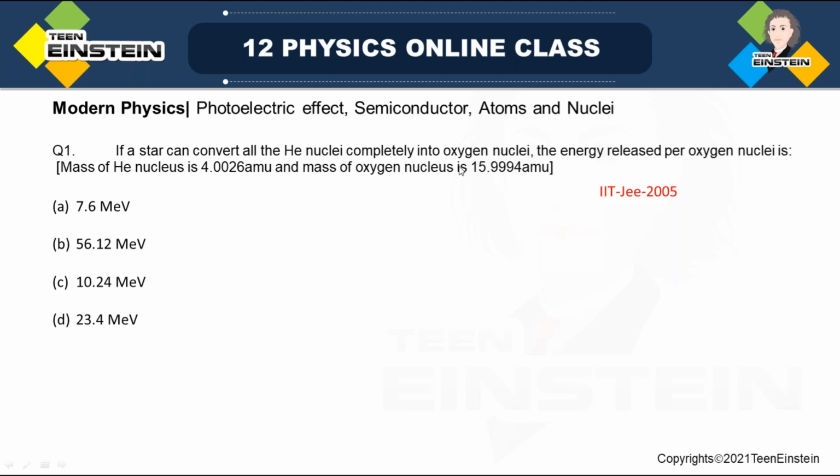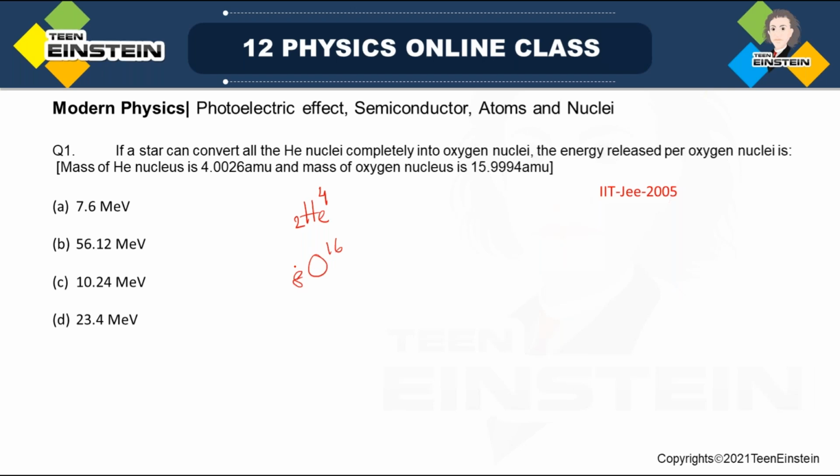You have to understand this question in this way: if helium nucleus has to be converted into oxygen nucleus, how many helium nuclei you may need, that you have to first find out. Let me tell you what I'm trying to say. Suppose helium nucleus is 2He4, whereas oxygen nucleus is 8O16.